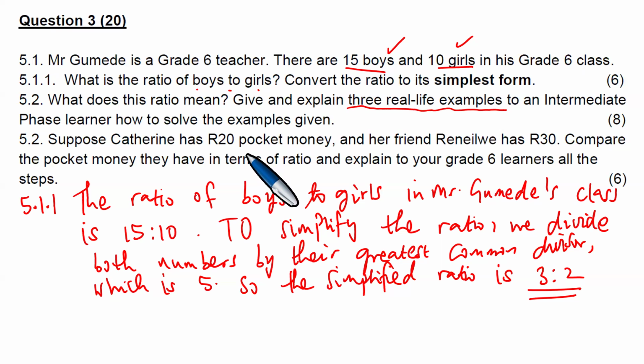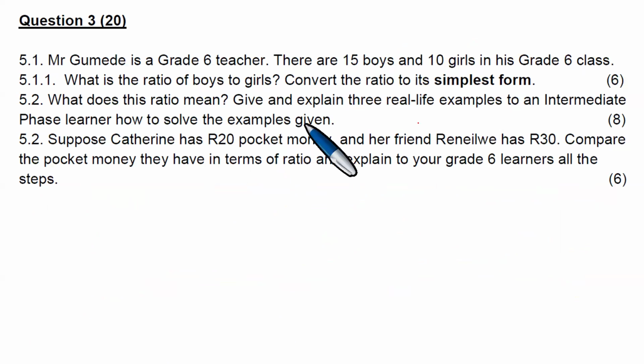So we need to say what this ratio means. We have already found that this is exactly 3:2. This is the ratio of the boys to the girls. But what does this ratio mean? Give and explain 3 real-life examples to an intermediate phase learner.